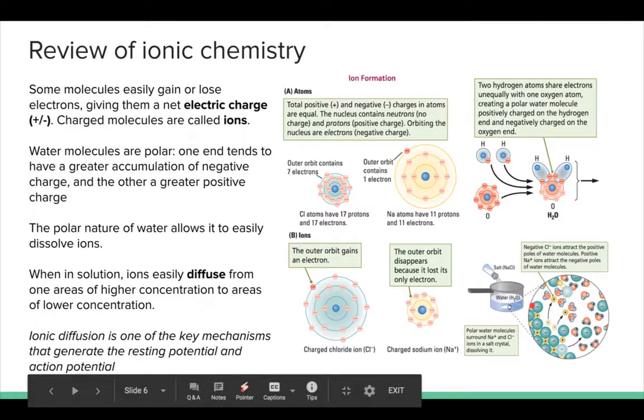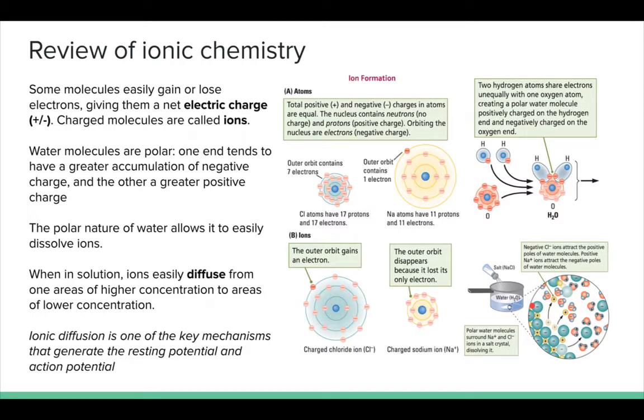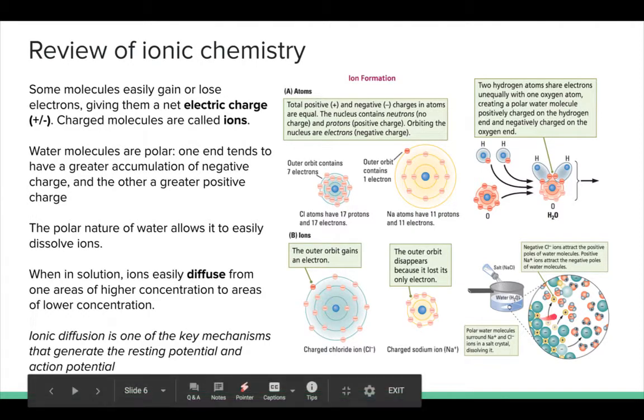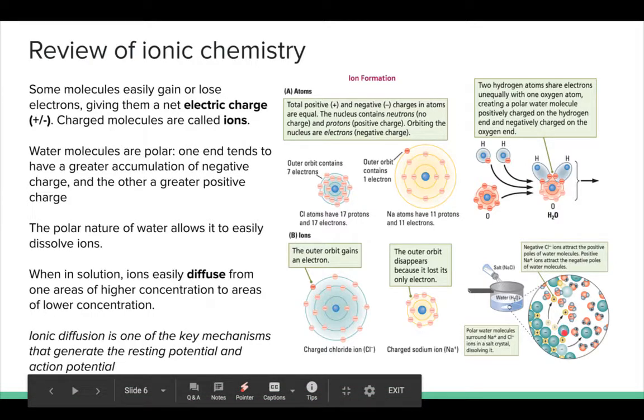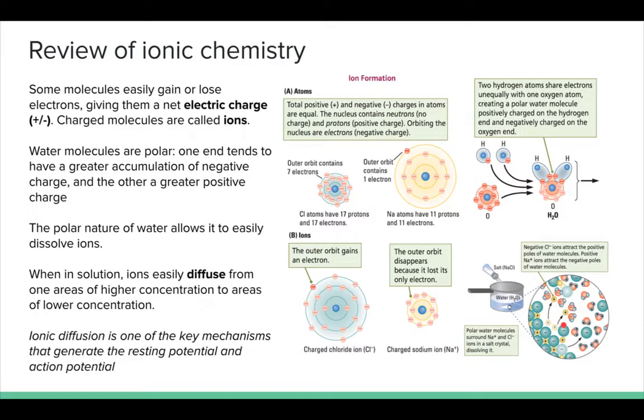And so, of course, as you know from your experience, if you put table salt into water, it will dissolve. What's happening there is that the polar water molecules are attracted to and insert themselves in between the crystal structure of the salt crystal, pulling those ions out of the crystal structure into solution, at which point they begin to diffuse away until there is an even distribution of the sodium ions and chloride ions throughout the water.